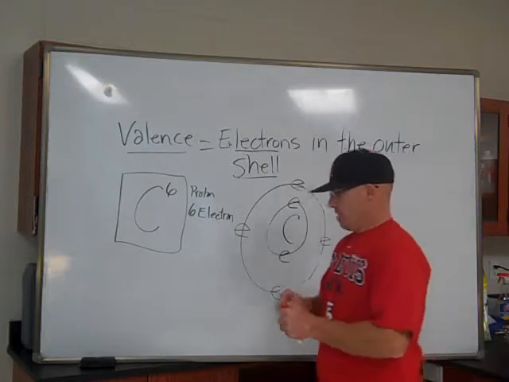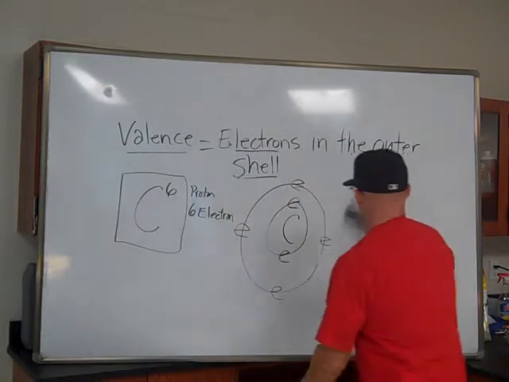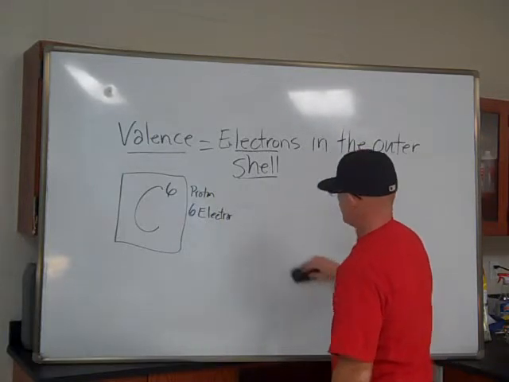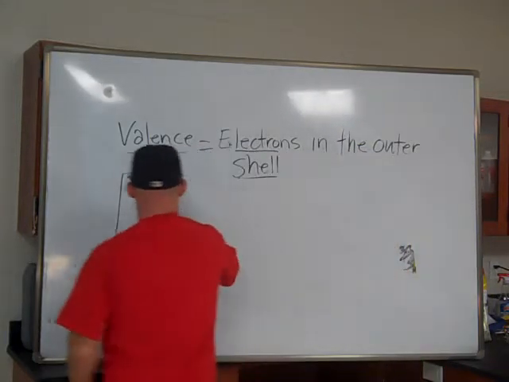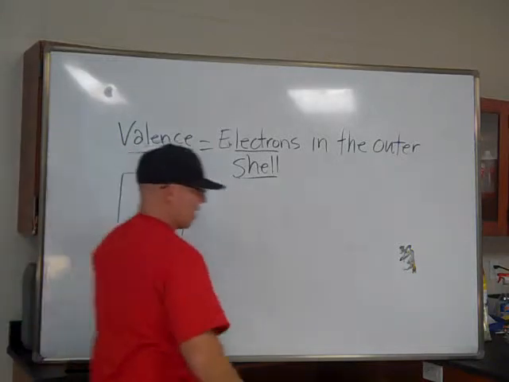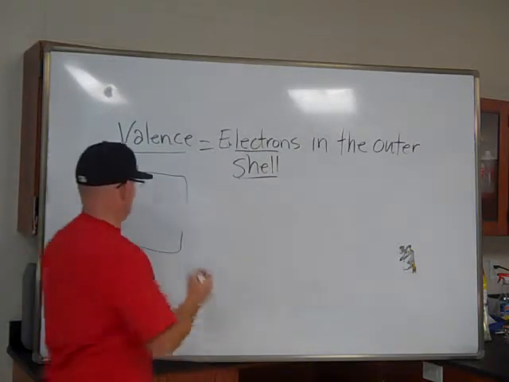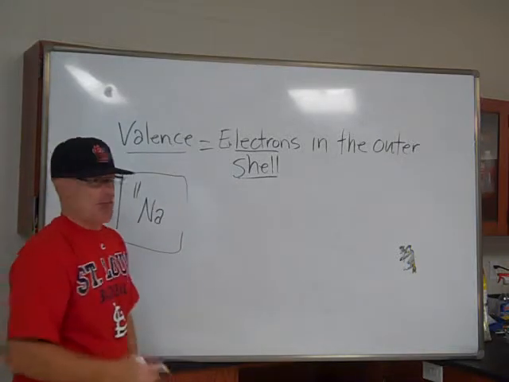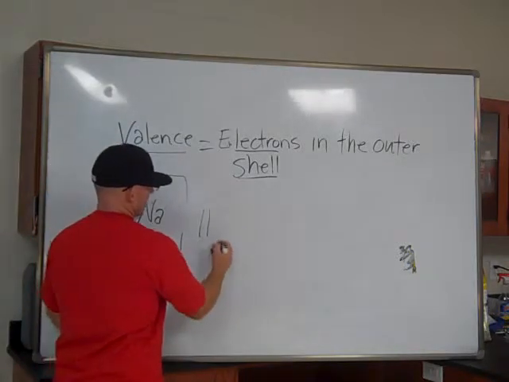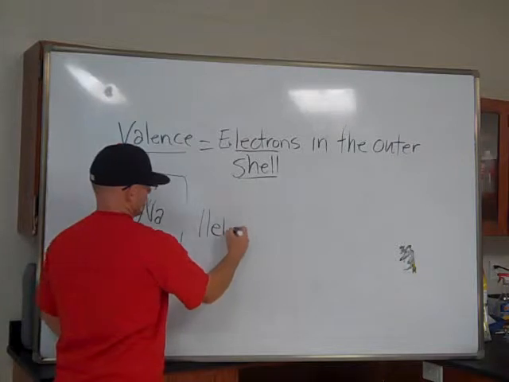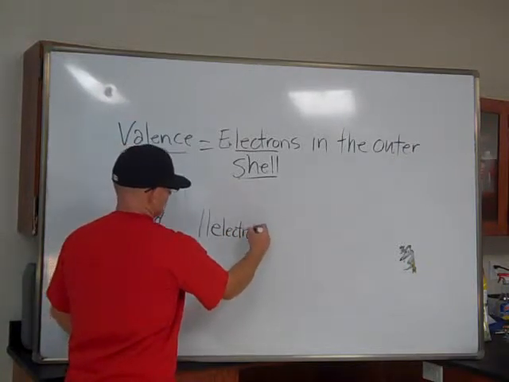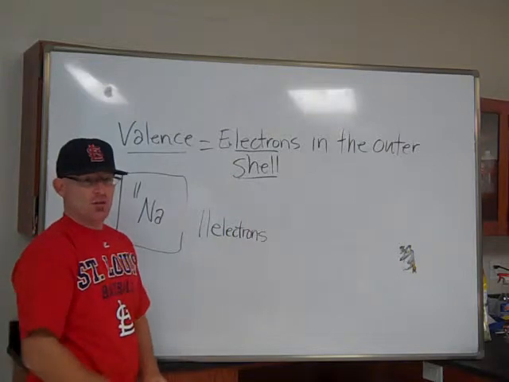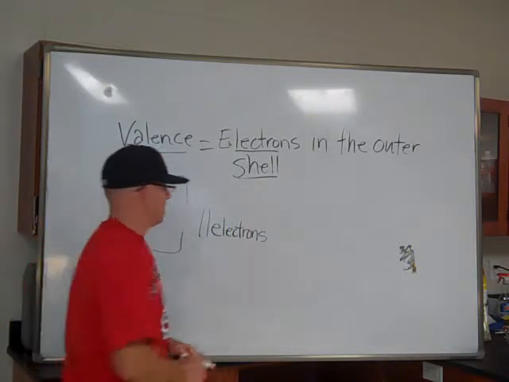Number 2 on your paper, if I remember, is sodium. Sodium on the periodic table is Na. Its atomic number is 11. So we're dealing with 11 electrons. How many are in its first shell? 2.